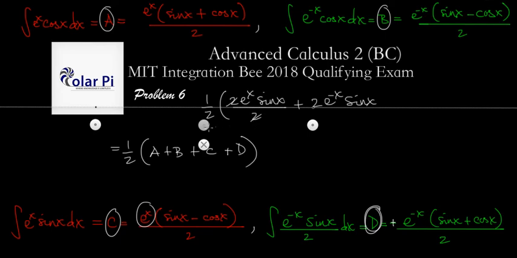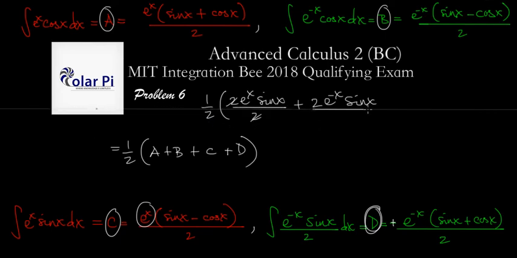And if you've checked the answer to this question on the MIT website, you know that I don't write anything more, right? Because we need to get a factor of sine x in the answer, and we have that. We have a sine x here and we have a sine x here, and of course this 2 and this 2 take care of each other also, right?